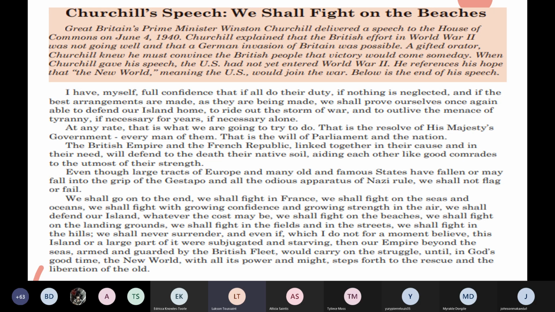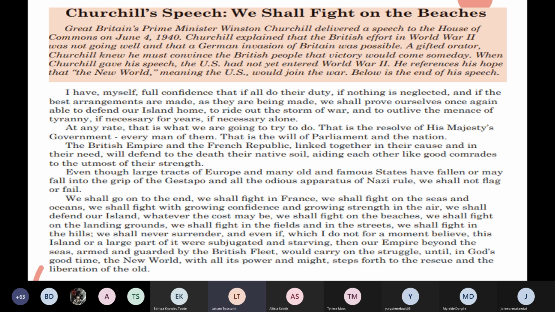Repetition is like: we shall go on to the end. We shall fight in France. We shall fight on the seas and oceans. We shall fight with growing confidence and growing strength in the air. We shall defend our island home, whatever the cost may be. We shall fight on the beaches. We shall fight on the hills. We shall never surrender.